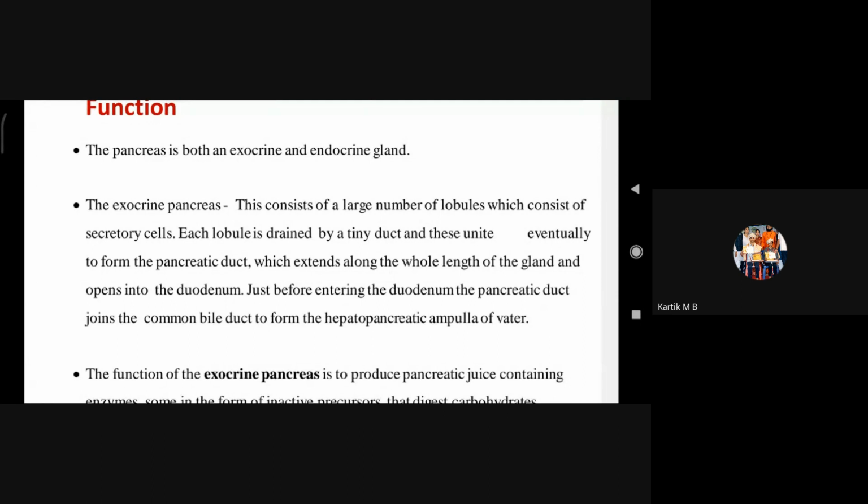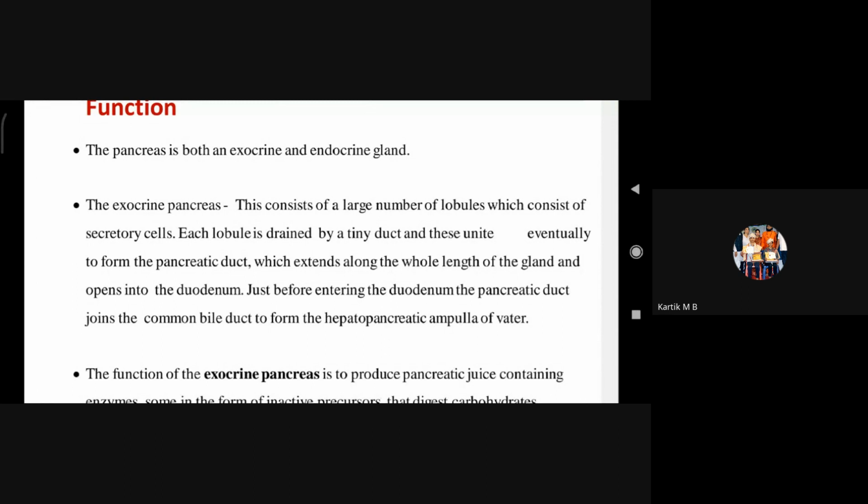So the small ducts of the pancreas are collecting juices from the lobules, and then all these small ducts are collected to the main duct of the pancreas, which extends along the whole length of the gland and opens into the duodenum.